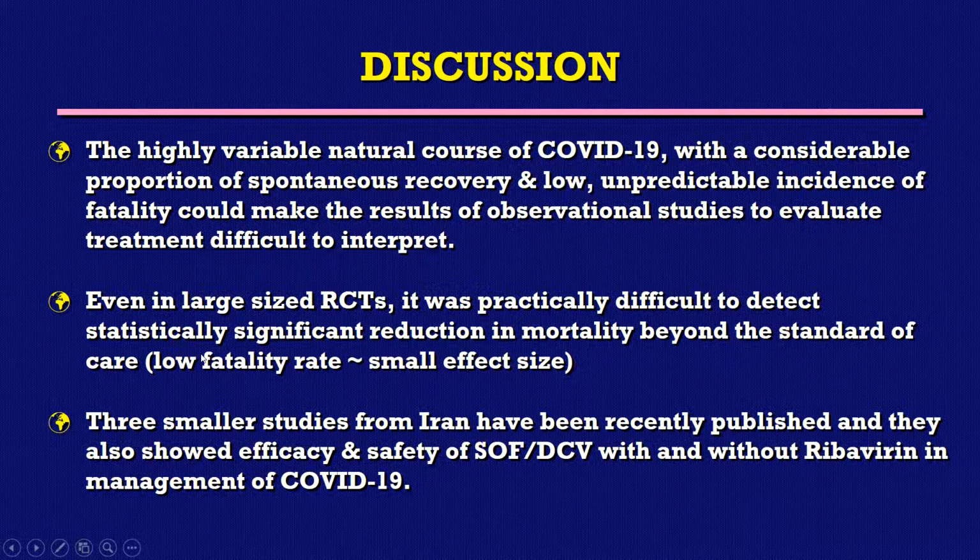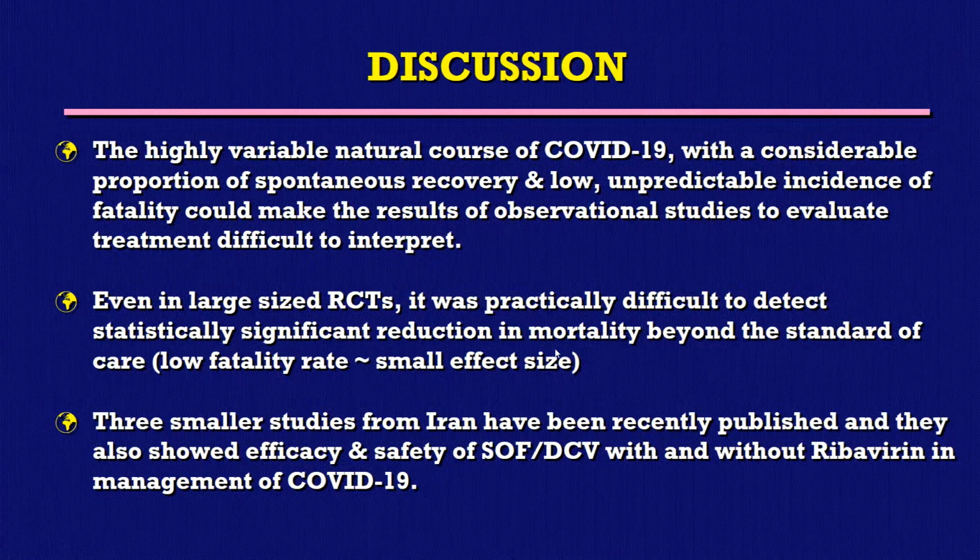This may be due to the low background fatality rate in both groups and the small effect size. Three smaller studies from Iran have been recently published, and they also showed efficacy and safety of sofosbuvir with or without ribavirin in the treatment of COVID-19.